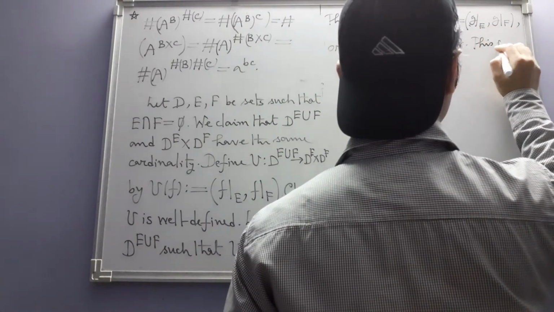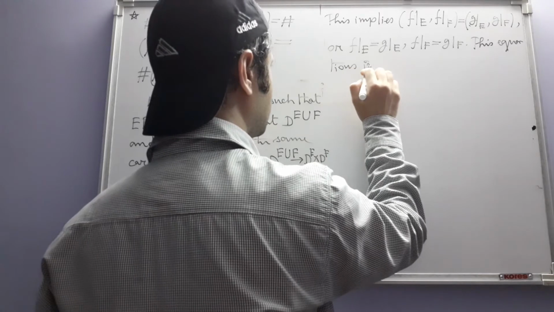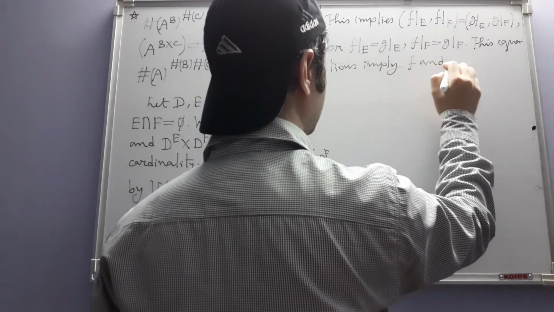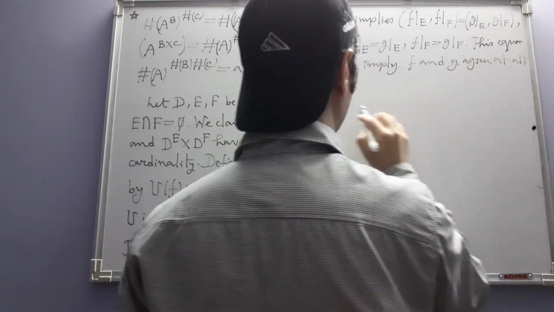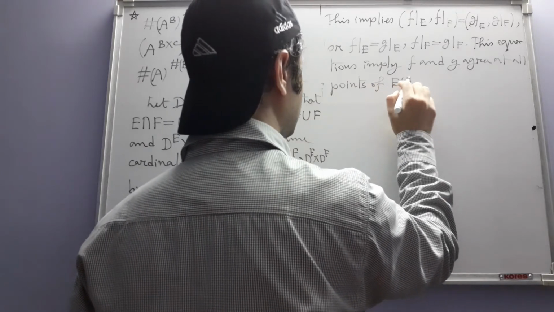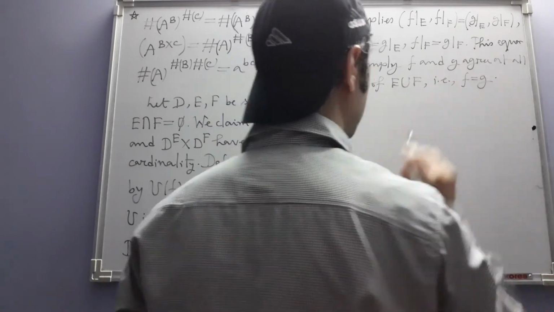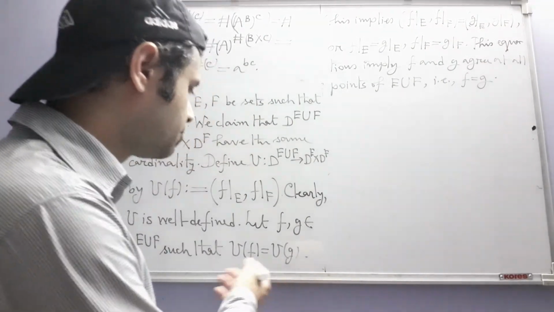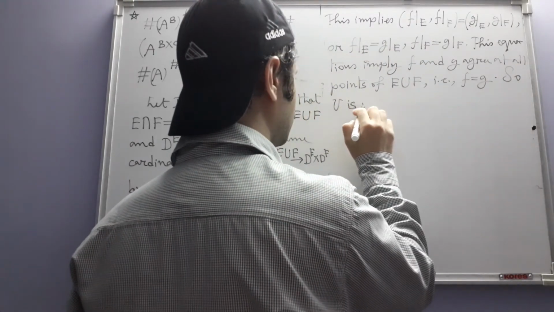These equations imply f and g agree at all points of E union f, that is f is equal to g, because for both of these functions E union f is the domain, and that proves that u is 1 to 1. So u is 1 to 1 or injective.